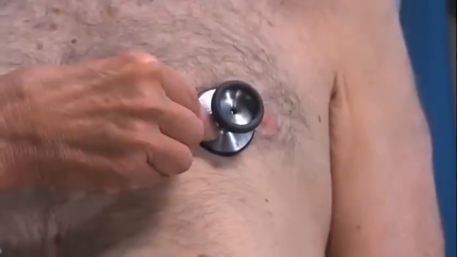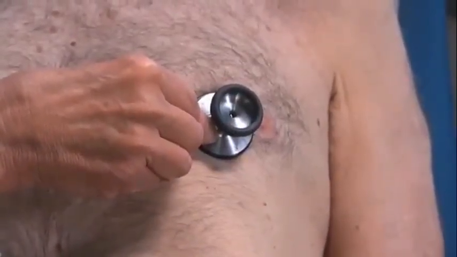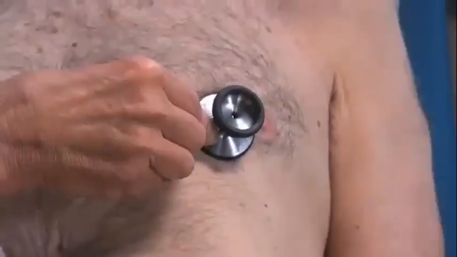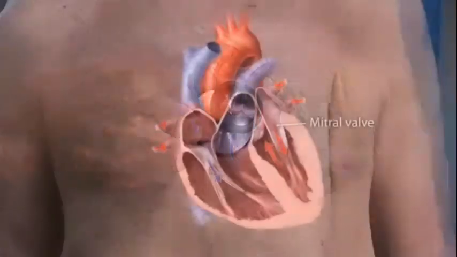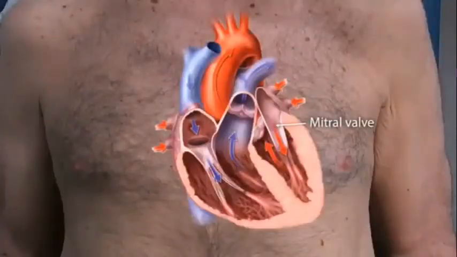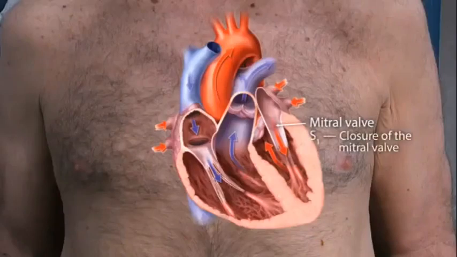Auscultation of heart sounds is an important skill that leads directly to important clinical diagnoses. Before auscultating the heart, let's review normal heart sounds. Closure of the heart valves creates a pair of audible heart sounds. The first sound, S1, arises from closure of the mitral valve.